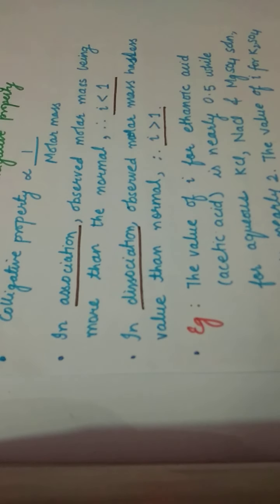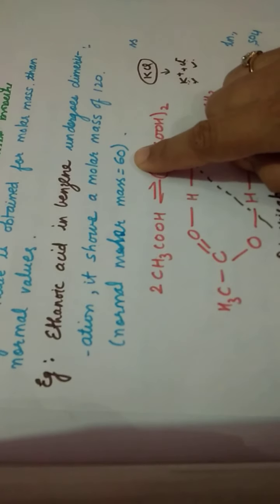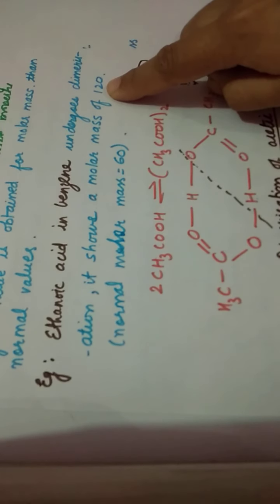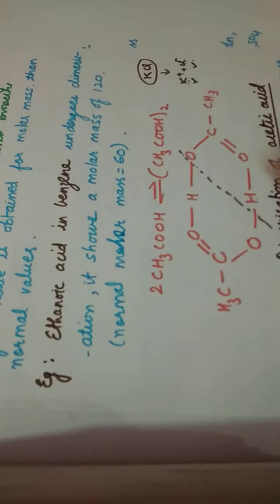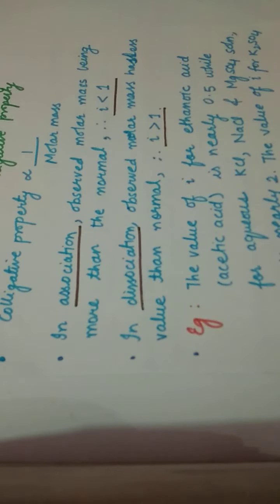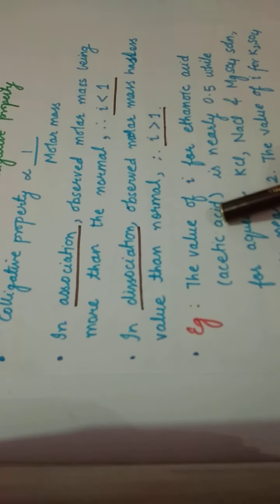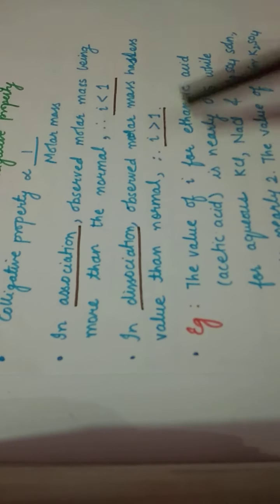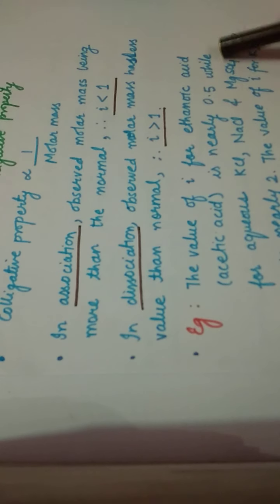As you have seen in ethanoic acid, the normal molar mass was 60 and the observed molar mass after association came out to be 120. So it was almost half. So the value of I for ethanoic acid, that is half of 1, is equal to 0.5.